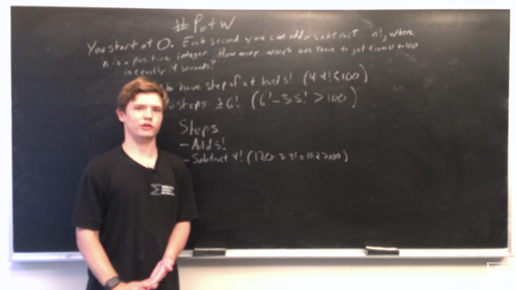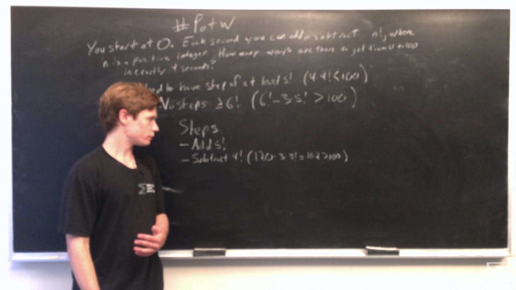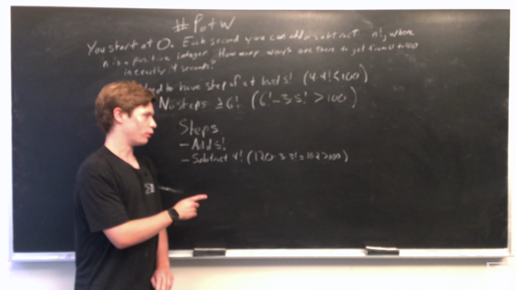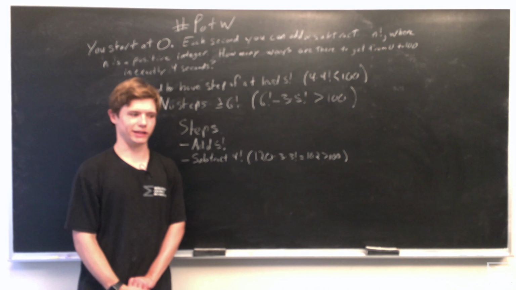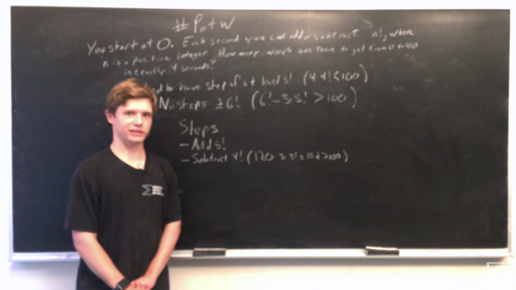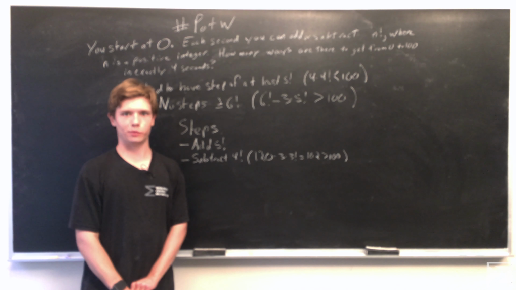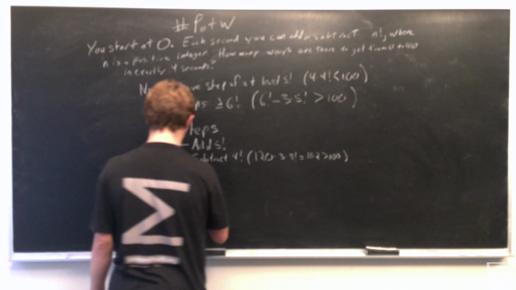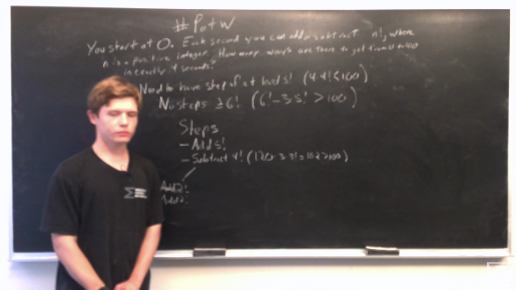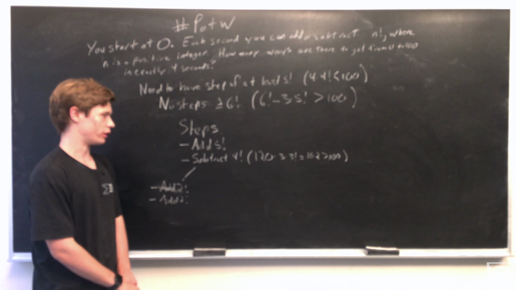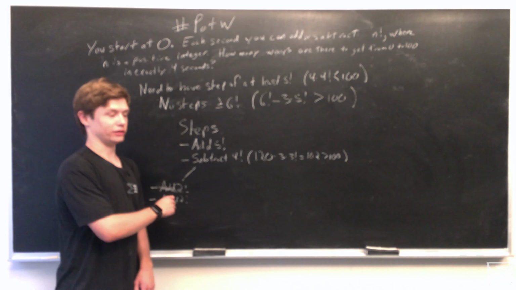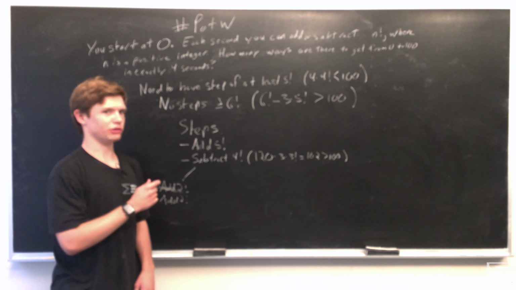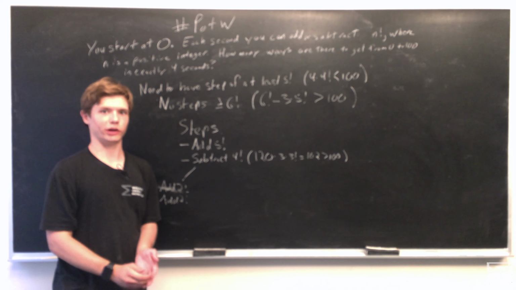So now that we have these 2 steps added together, 120 minus 24 is equal to 96. And from this step, we can go one of 2 possible routes. The first route is to add 2 factorial twice: 120 minus 24 plus 2 plus 2 is equal to 100.